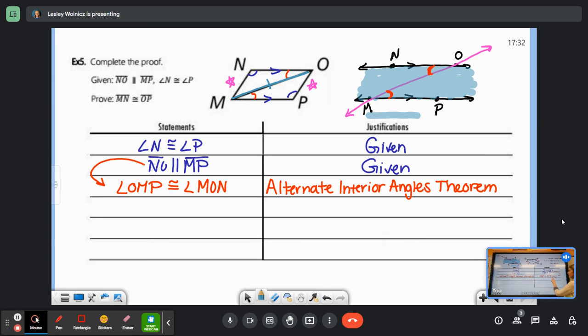Do you see how for the segment MO, the order is different? So just be careful of the order. We want segment OM is congruent to segment MO. And that is because of our reflexive property of congruence.